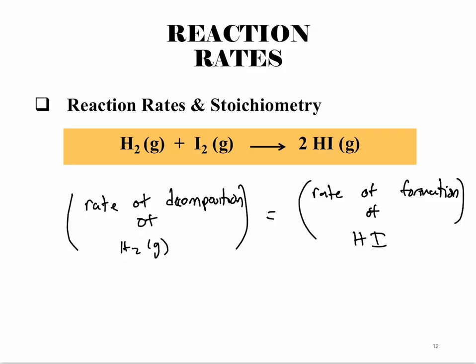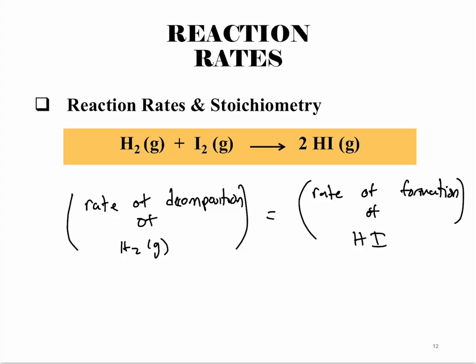All right, so this is similar. For each time this reaction happens, we have one molecule of hydrogen gas, and it forms how many molecules of hydrogen iodide? 2, right? So if you're creating twice as much, how much faster do you think that reaction is happening? 2 times faster, right?